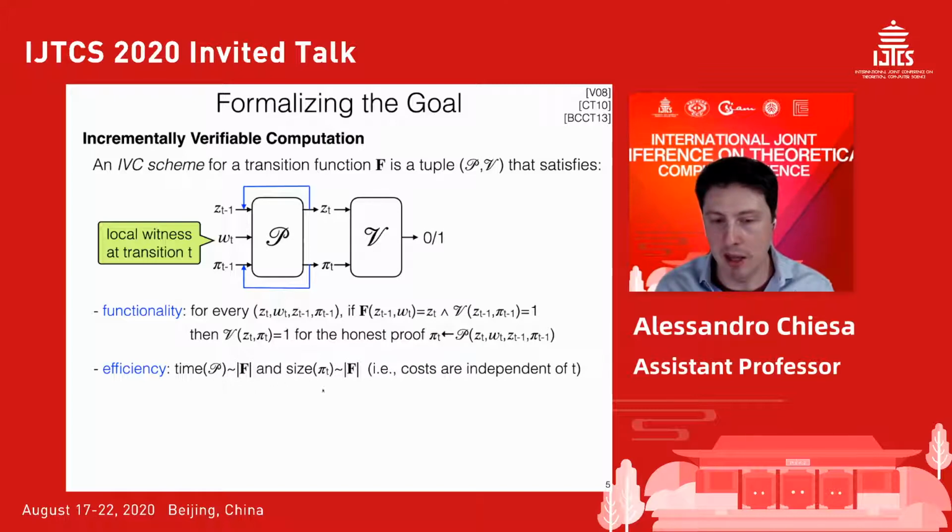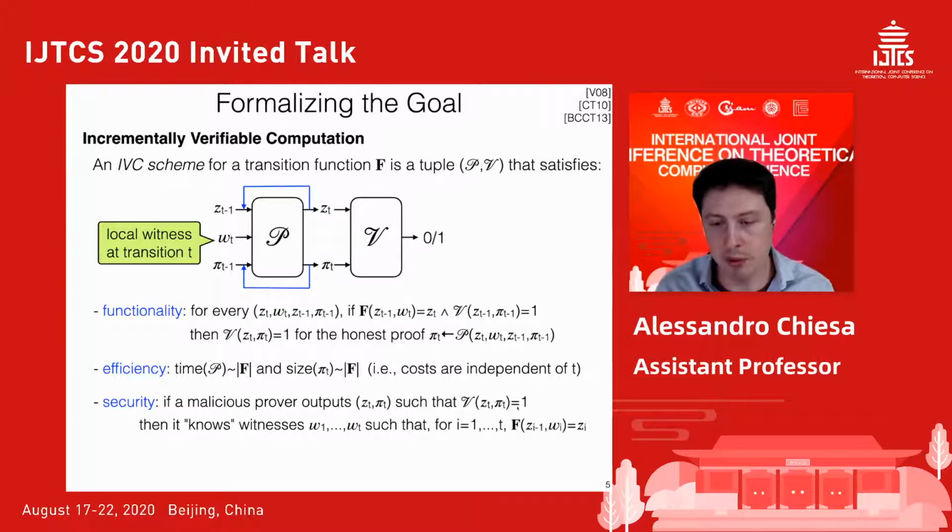And the proof size also should be maybe as large as f, but these things should be essentially independent of t, okay? So even though there's a long chain of applications of f in the past, now you're doing one more iteration of f, and the honest prover and the proof that you produce don't depend on the long chain of computations in the past, okay? This makes this task very non-trivial.